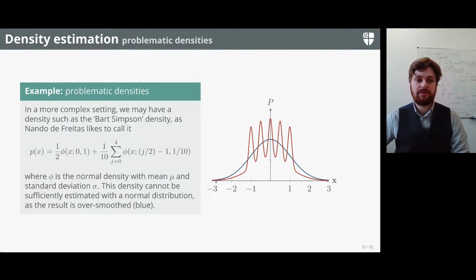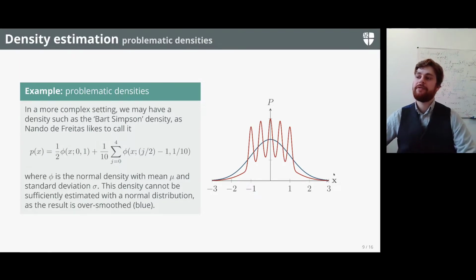The blue function is the result of maximizing the likelihood of mu and theta for this distribution. But it's just not enough to reconstruct the signal here. That's the best fit you can do, but it's not powerful enough to fit all of the variations in the red function, the Bart-Simpson function.